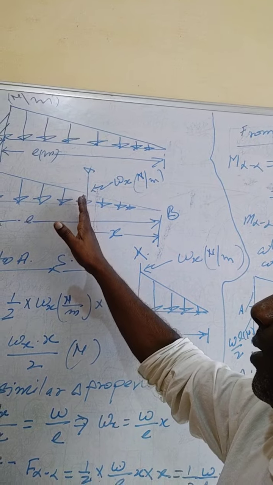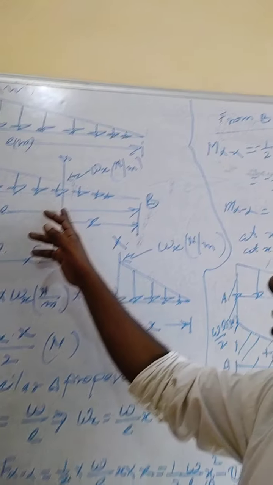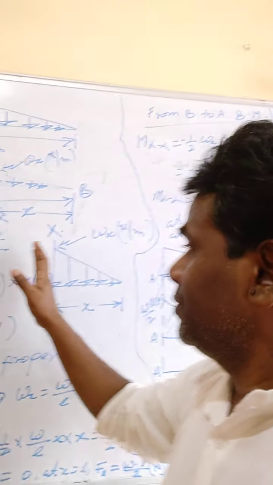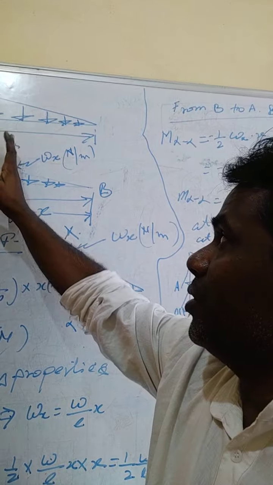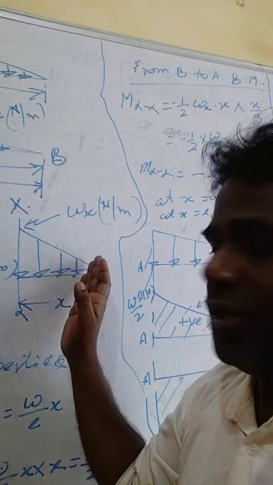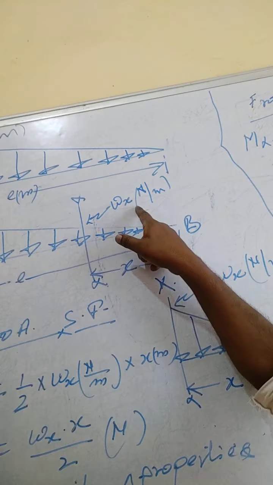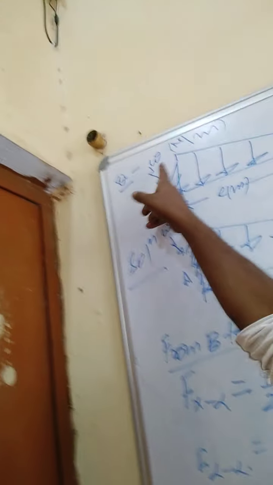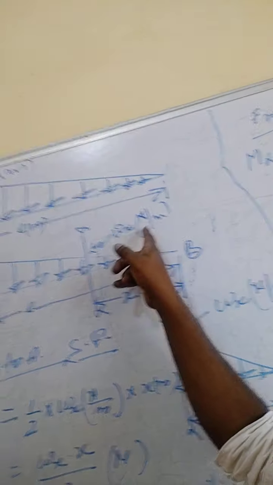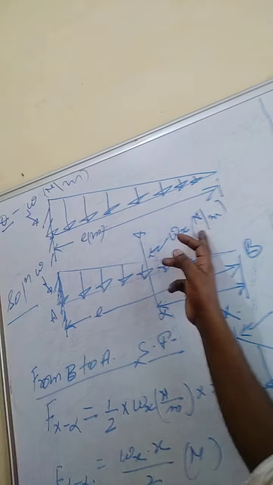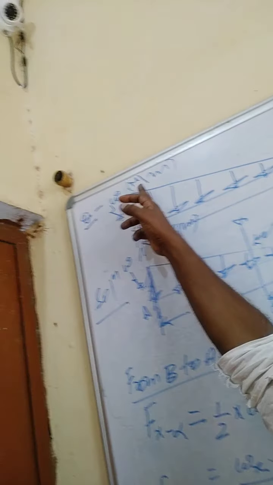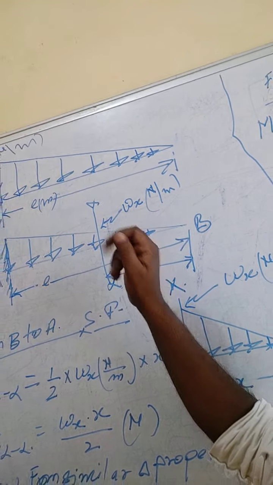So we will draw the right side portion of this cross section of the beam, as it is convenient. Suppose here the height is Wx Newton per meter. Whatever unit is given here, you will consider that unit. If it is Newton per meter, then you will take Newton per meter, or if it is kilonewton per meter, you will take kilonewton per meter here.